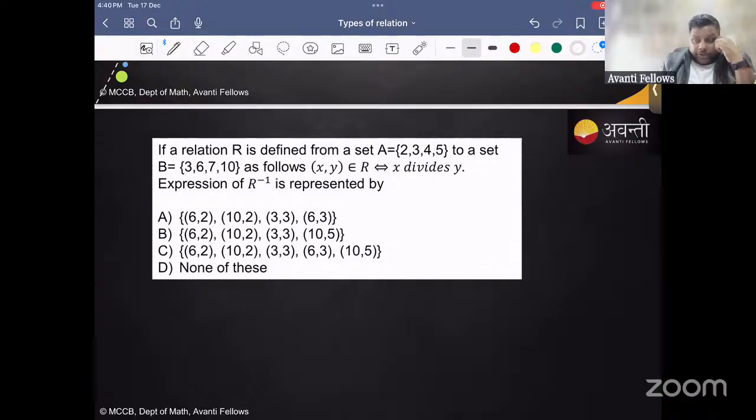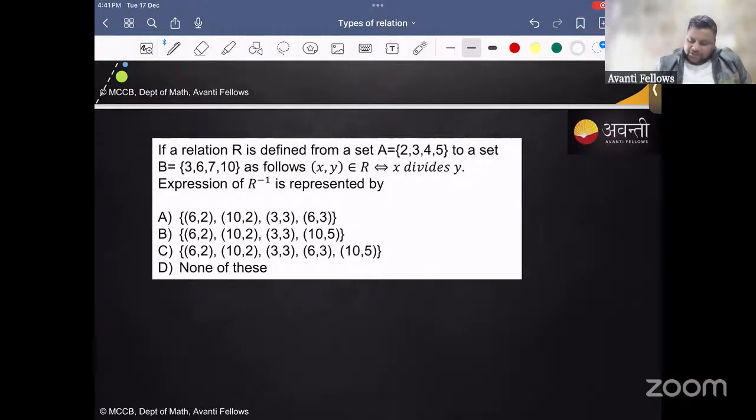Others also contribute quickly. Very good. I'll just discuss it quickly.